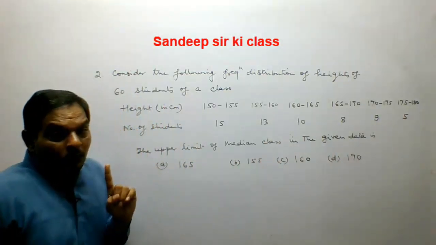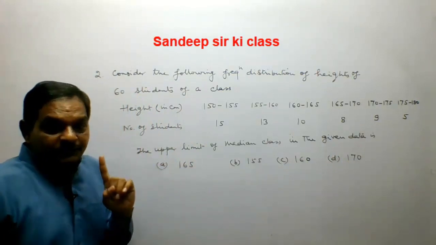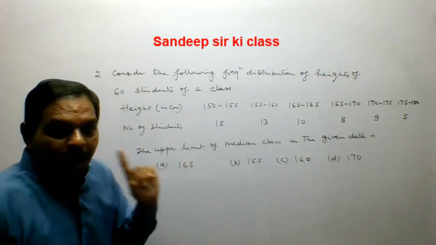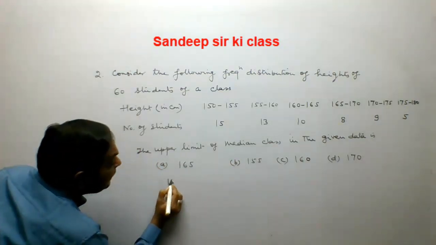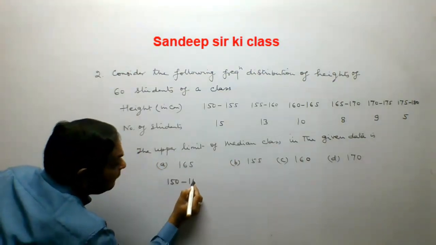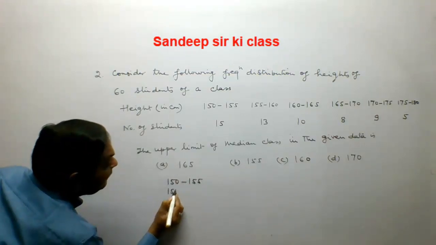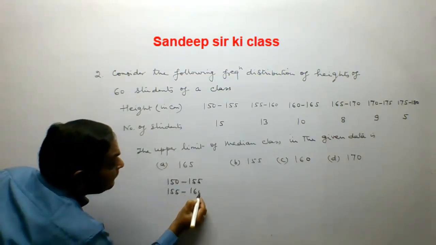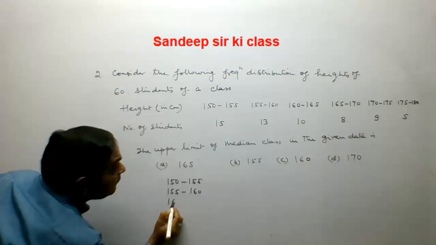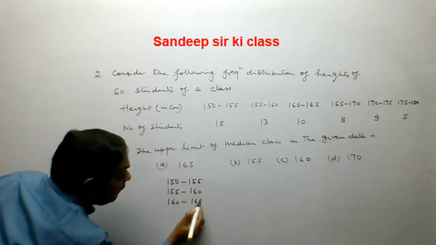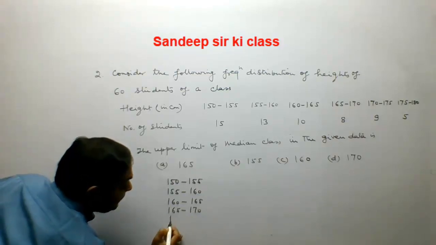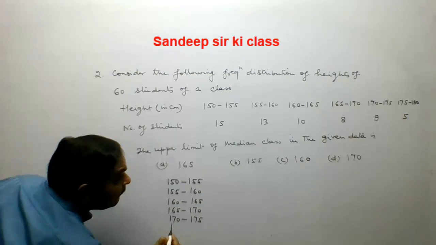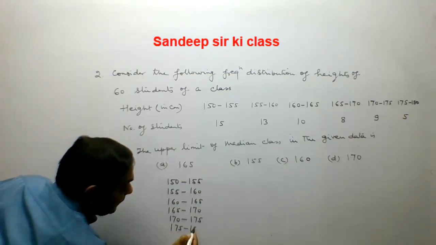See, to find out the median class, first we will have to find the cumulative frequency. So here the class intervals are 150 to 155, 155 to 160, 160 to 165, 165 to 170, 170 to 175, and 175 to 180.